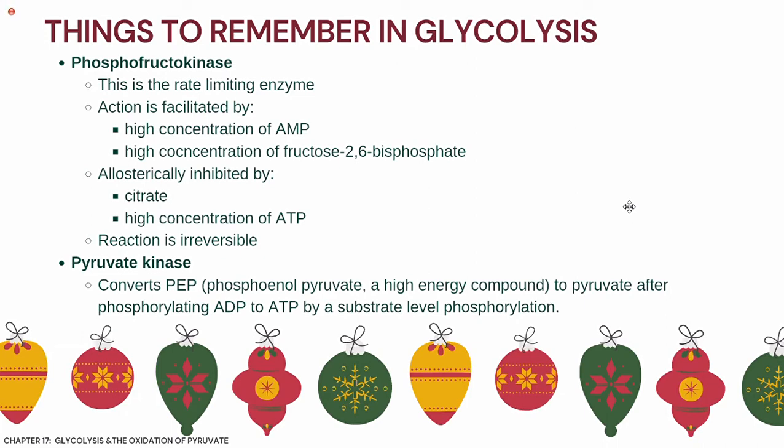Pyruvate kinase is inhibited in the liver. Okay, it's only in the liver. Pyruvate kinase is inhibited in the liver during fasting, but it is not inhibited in other tissues.